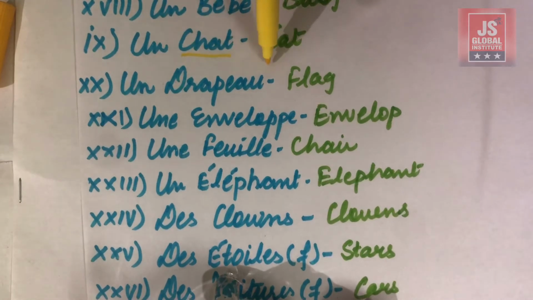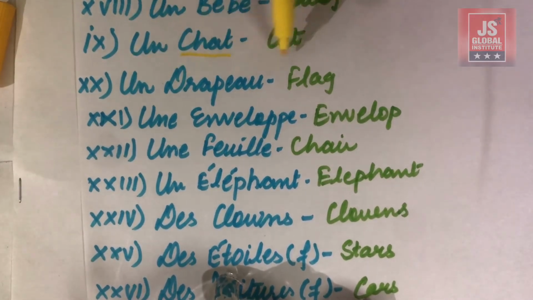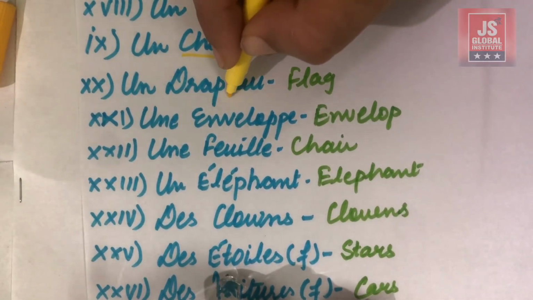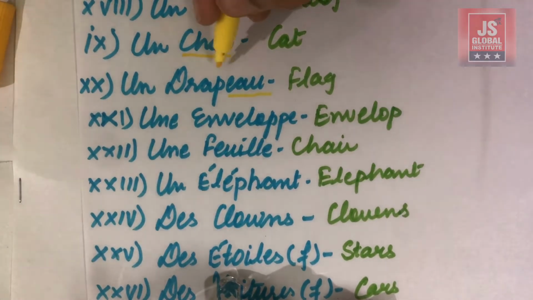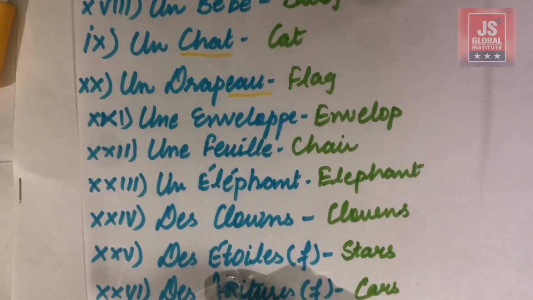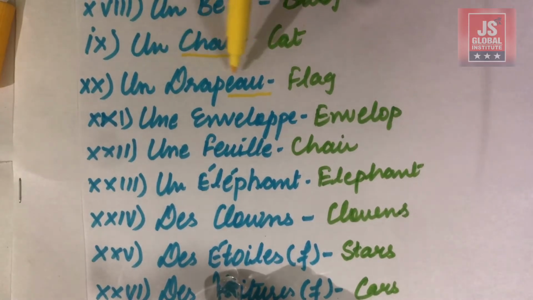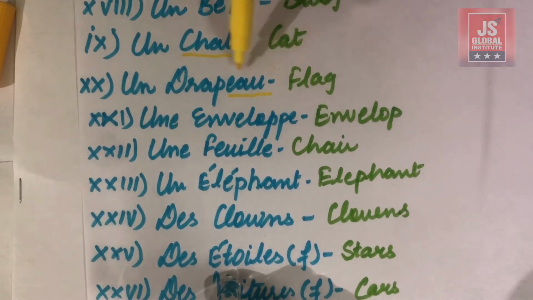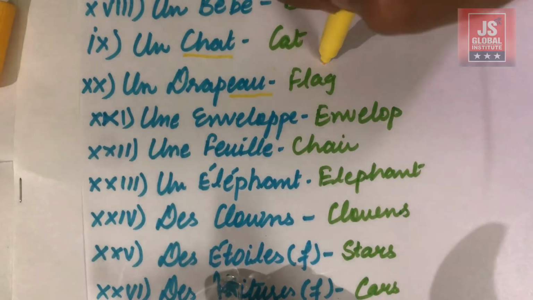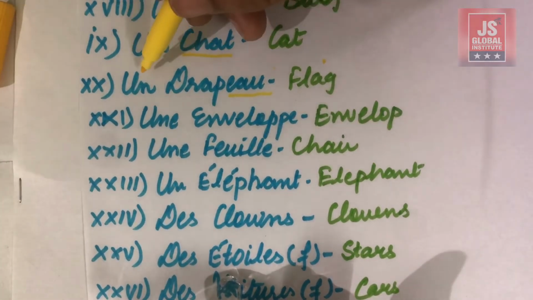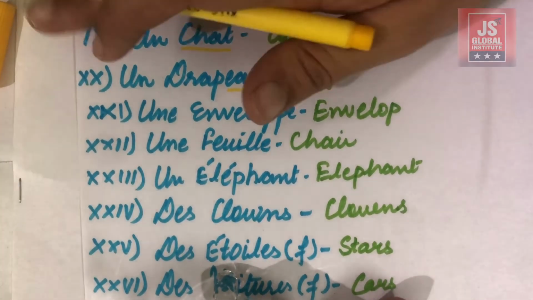Un drapeau, so whenever this EAU comes, the sound comes like O. Right, so what is the full word? Un drapeau. Alright, and drapeau is what? Flag in English, and that is basically masculine in French.